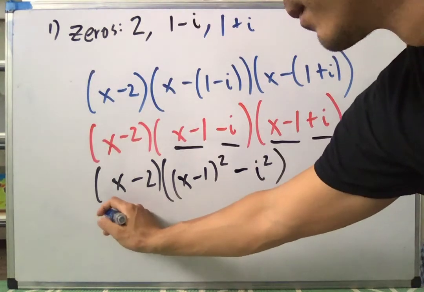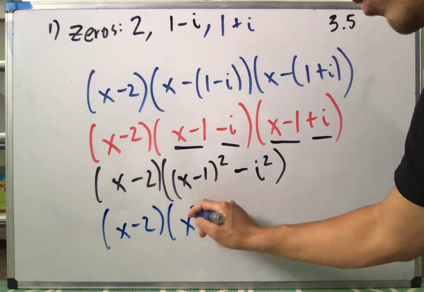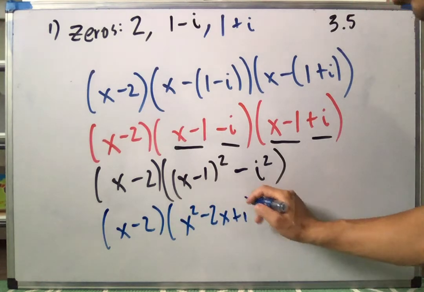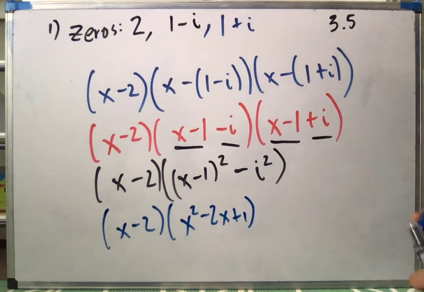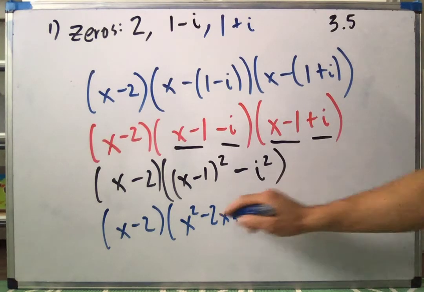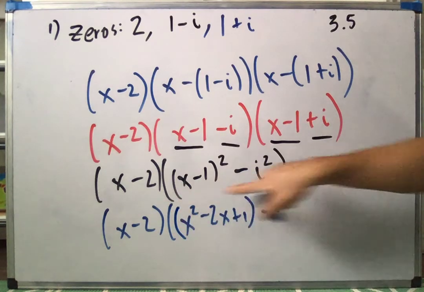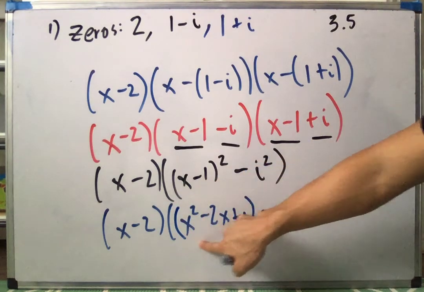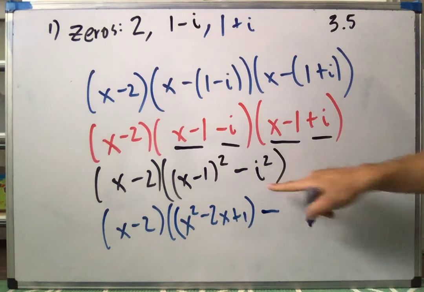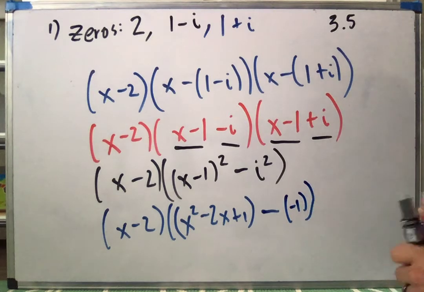So it's going to be x minus 2 stays the same. This is x squared minus 2x plus 1. If you don't believe me, just write out x minus 1 two times and multiply it out. Foil the thing. Actually, I need another parentheses here because this first piece is this whole thing in parentheses. x minus 1 squared is this part, and then minus i squared, which is minus a negative 1, or in other words plus 1. The last thing to do now is just to simplify.